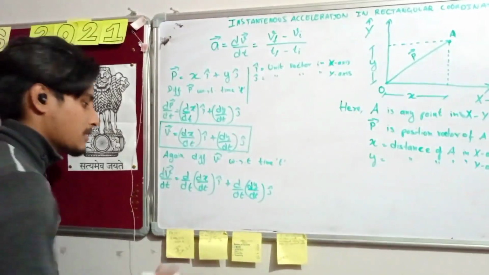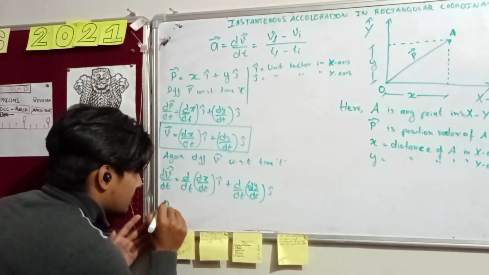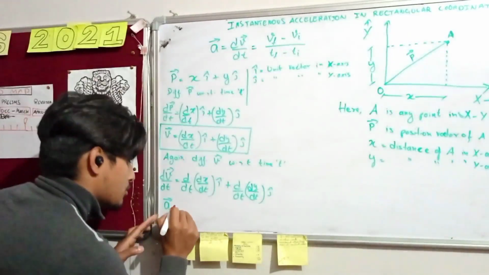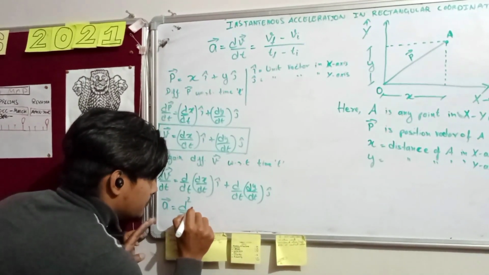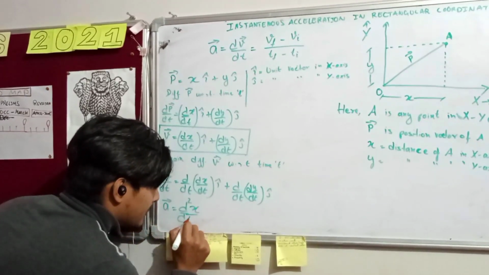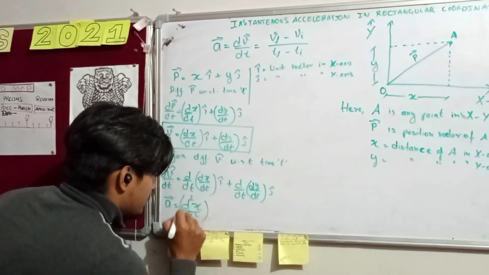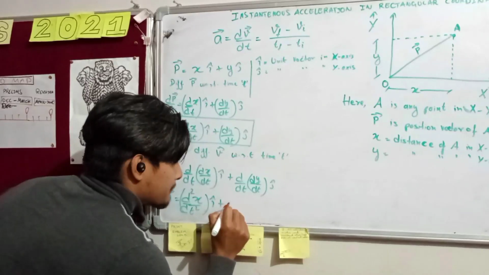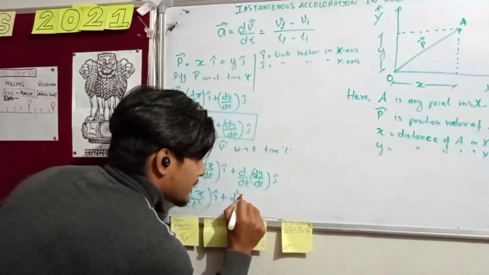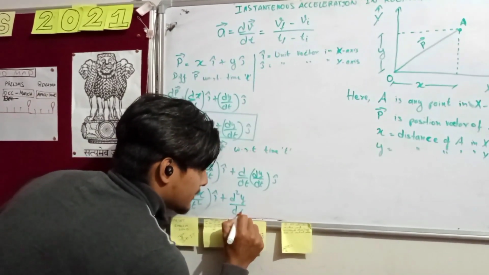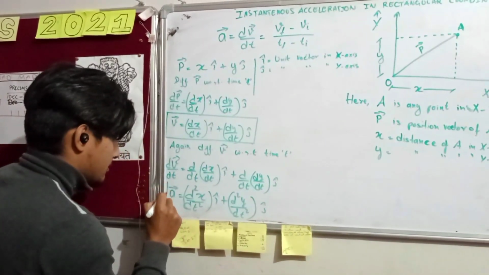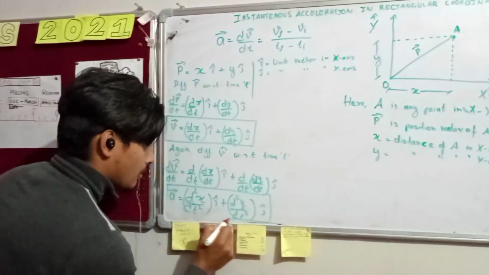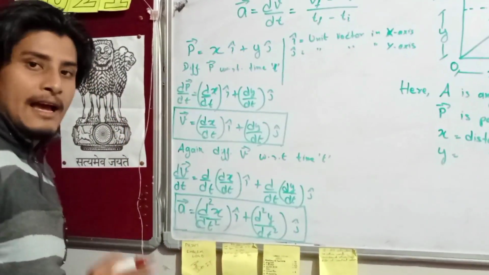I guess you understood this. So finally I get my instantaneous acceleration, which I can also write as d square x divided by dt square i cap, plus d square y divided by dt square j cap. So finally I got my derivation of instantaneous acceleration.